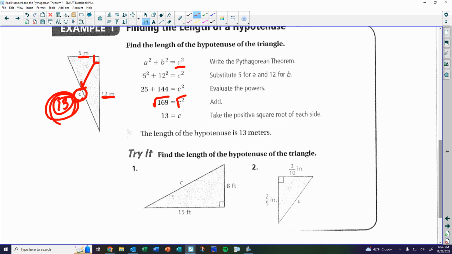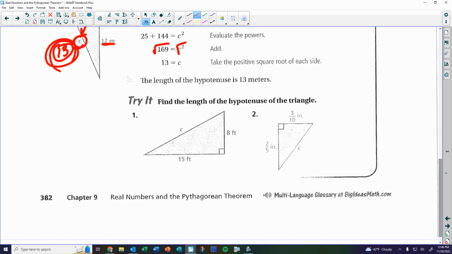So let's do one together before I have you work on one. So here's one. We're going to do number 2 together. When you're given fractions, to avoid the whole adding common denominator stuff, turn them into decimals. So what is 3/10 as a decimal? 0.3. What's 2/5 as a decimal? 0.4, right?